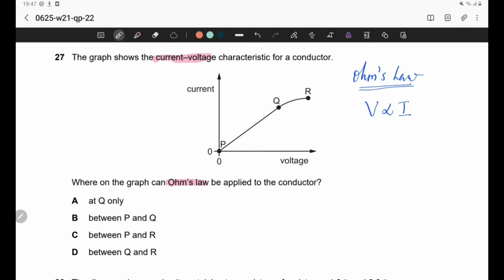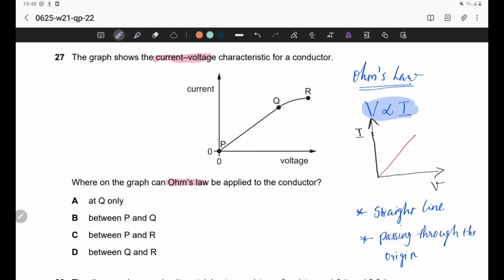Therefore, if you plot a graph for a directly proportional relationship, with voltage on the x-axis and current on the y-axis, the graph will always be a straight line passing through the origin. That is the characteristic of a directly proportional graph. So the graph will be a straight line passing through the origin.